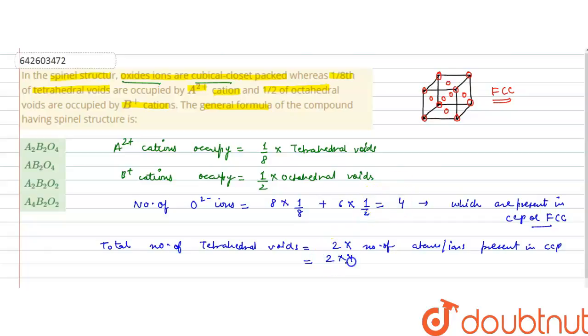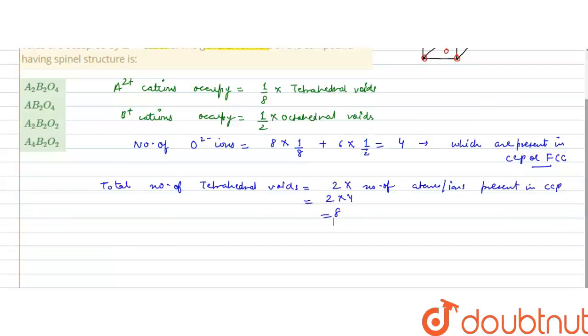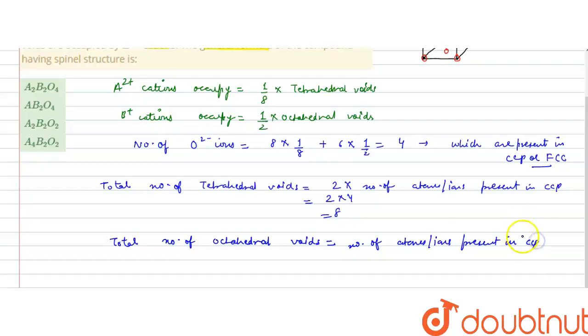So it means 2 into 4. So the total number of tetrahedral voids is 8 and the total number of octahedral voids is equal to the number of atoms or ions present in the CCP. So the number of atoms present in CCP we have calculated, these are 4. So it will be equal to 4.